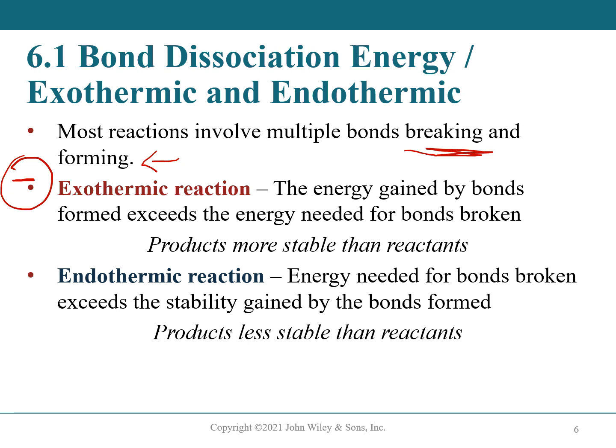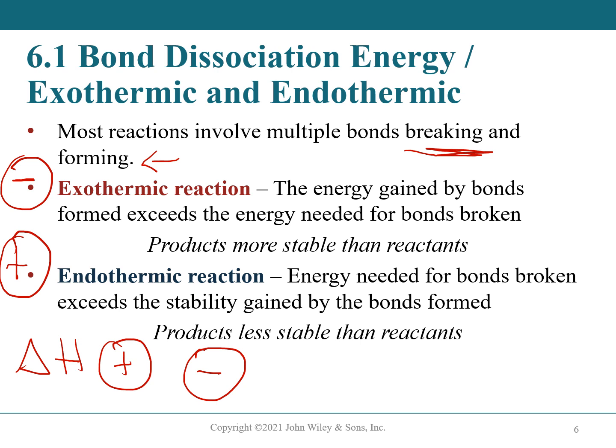So a negative amount of energy you could think of is needed to power this reaction, right? We don't need to put in more energy than we gain. So more is released. With an endothermic reaction, we have to put in more energy than is released when the bonds are formed. So this would be given a positive enthalpy change value. So delta H can either be positive for endothermic or negative for exothermic.